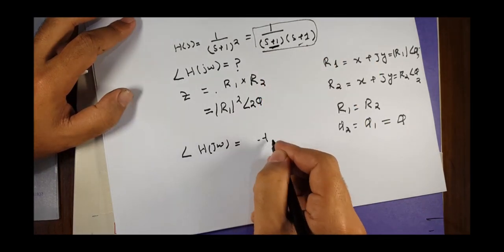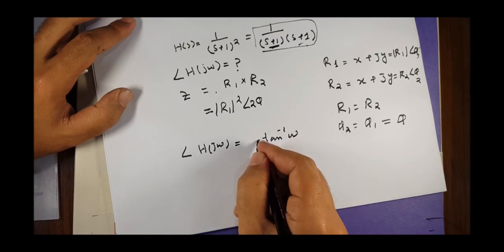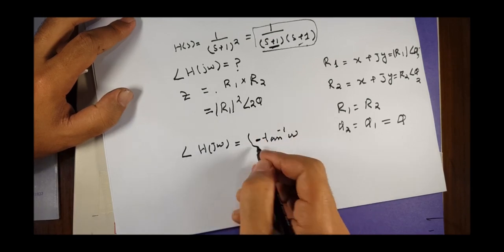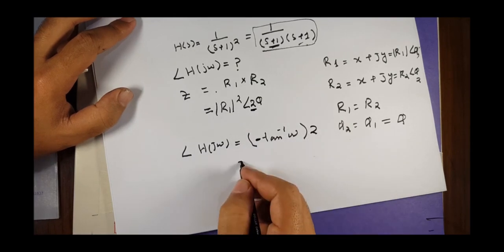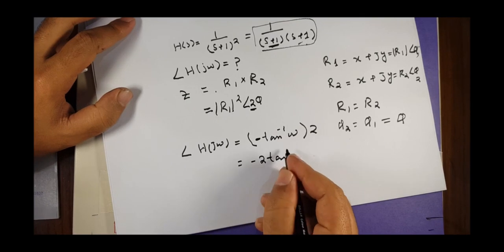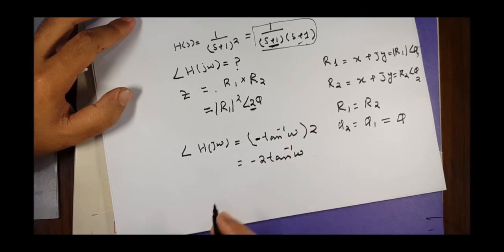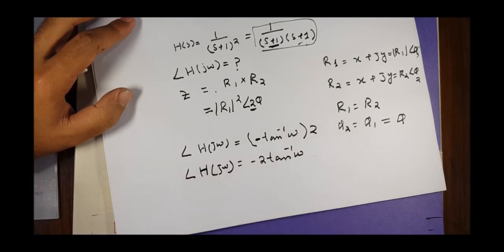This is minus tan inverse of omega, multiplied by 2. So we can write it this way: this is minus 2 tan inverse of omega. This is our angle of H of j omega, right?